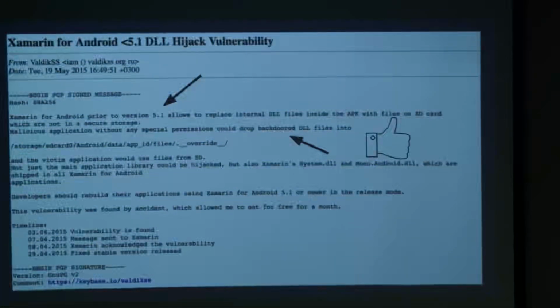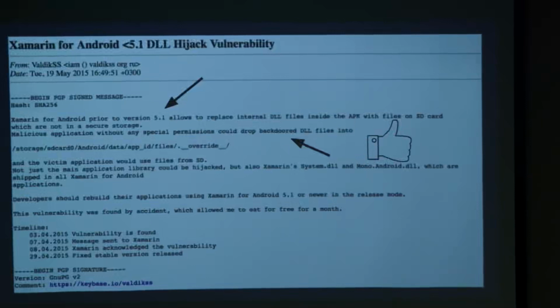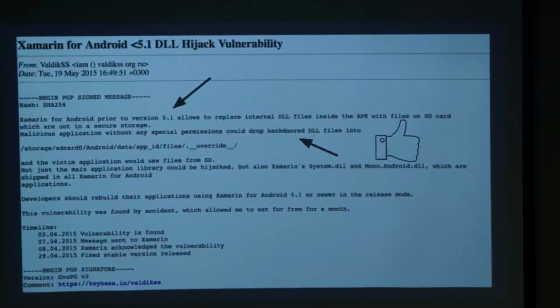One of the known advisories here is dropping that mono DLL into the SD card of an Android device. And the SD card is world readable, world writable. So what somebody did was basically drop another DLL, backdoored that runtime library, and was able to get access to the Android device.